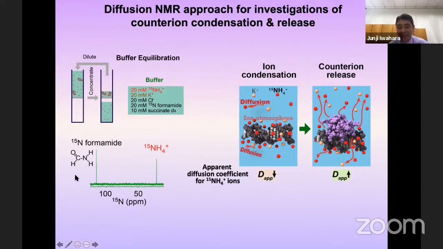Only two signals are present. Usually in protein NMR spectroscopy, we see hundreds of signals, but here we see just two signals. And we can measure diffusion for this. And we can use this approach to study ion condensation and counter-ion release.